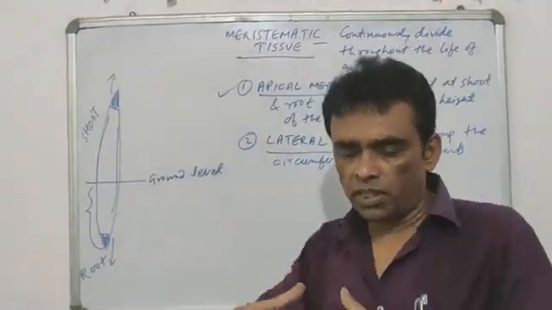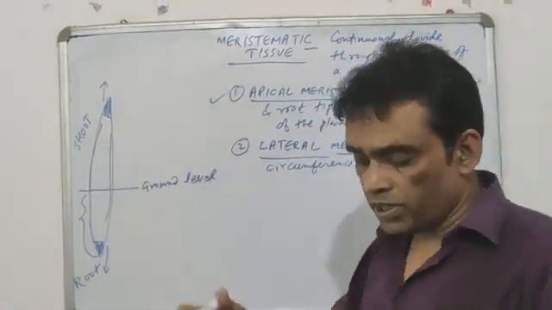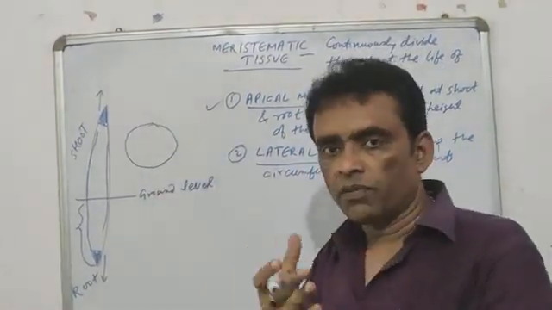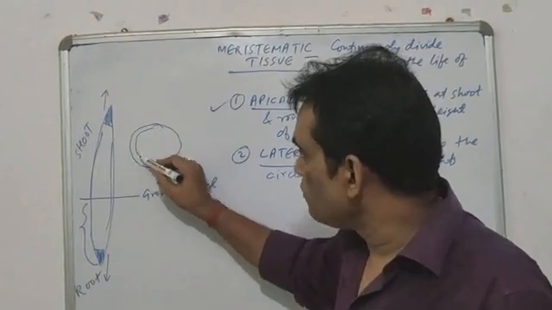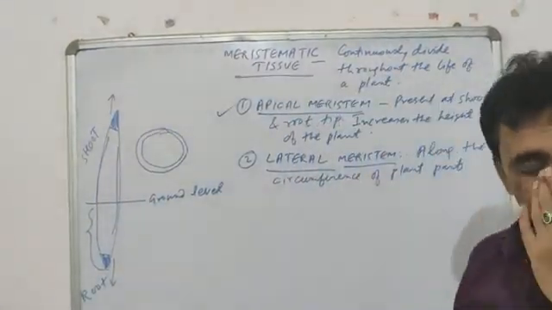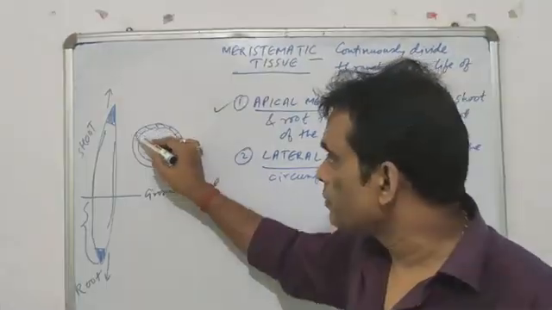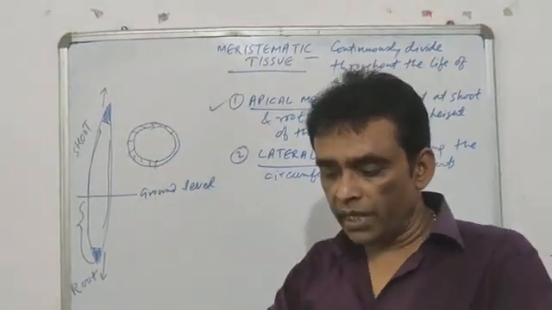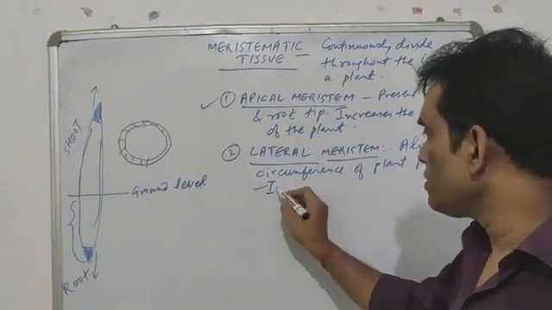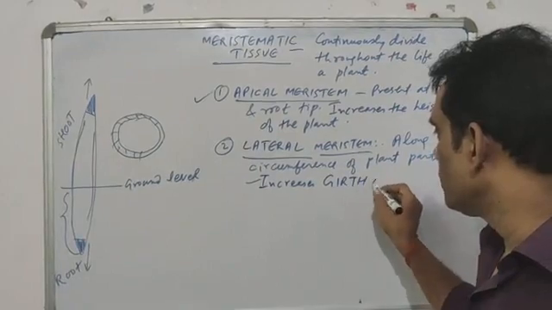But the stem is a cylindrical structure. If you cut it like this, you will see at the top the circular portion. This is the cut portion of the stem, and all along the circumference, on the sides of the stem, branch and all those, the lateral meristems are present. When they add new cells, what will happen? The new cells are added along the circumference, so the diameter increases. It increases what is called the girth of the plant.